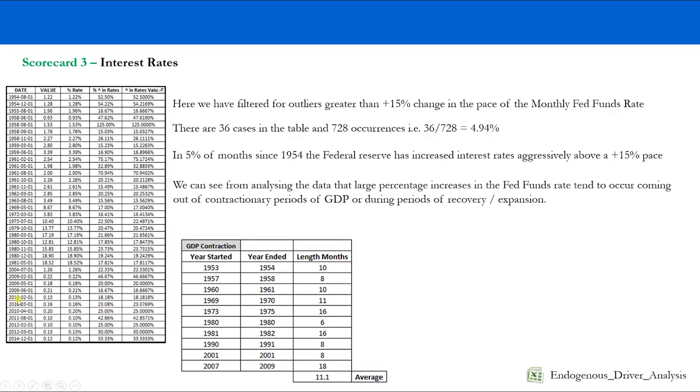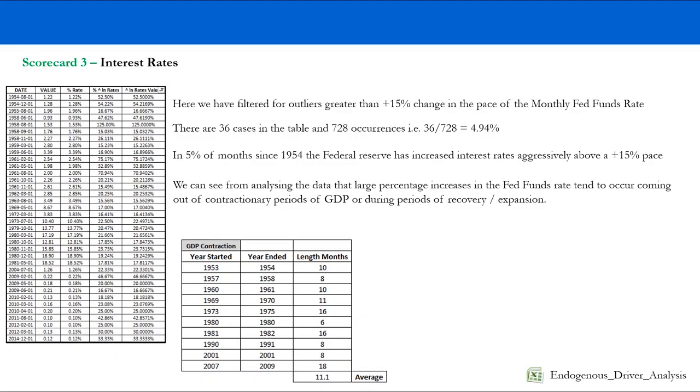So you can see there's a very strong correlation here when we look at both the negative and the positive outliers, that the Fed tends to react to negative GDP, so GDP contraction, with a time lag by cutting interest rates aggressively.